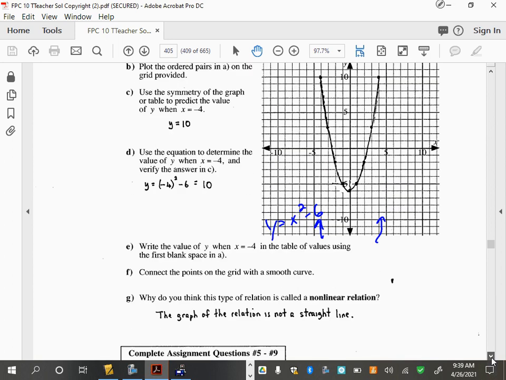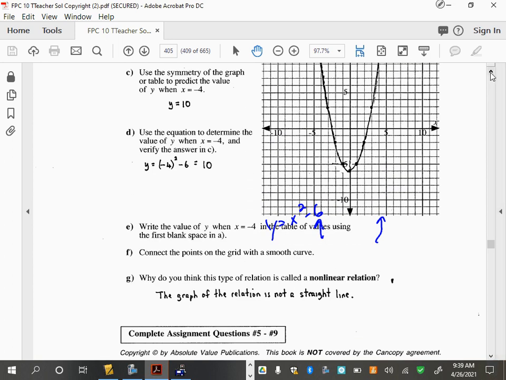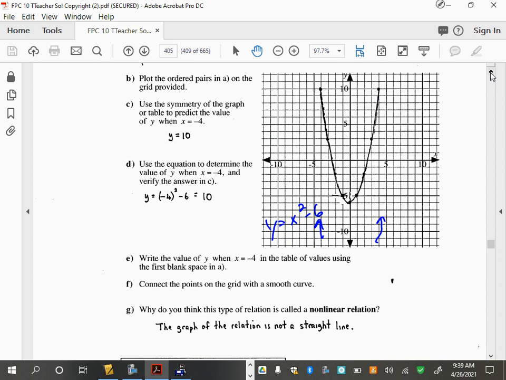It's helpful to know what it's supposed to look like before you even graph it. And technically, if it's a positive x squared, it points up. If it's a negative x squared, or negative 2x squared, or negative 5x squared, it's going to point down.